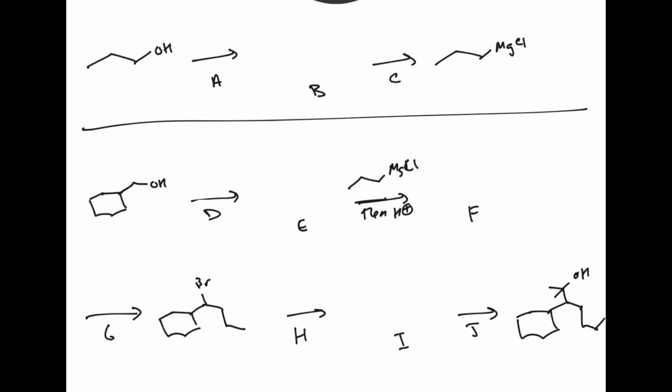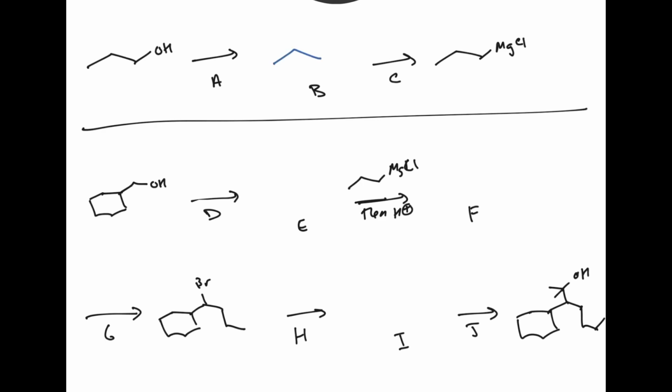I make my Grignard, a magnesium chloride. So how do I make a Grignard reagent? The B should be an OH just replaced with a chloride, right?